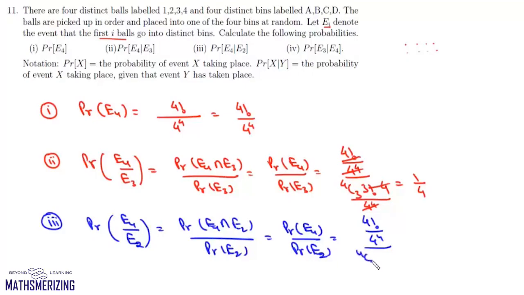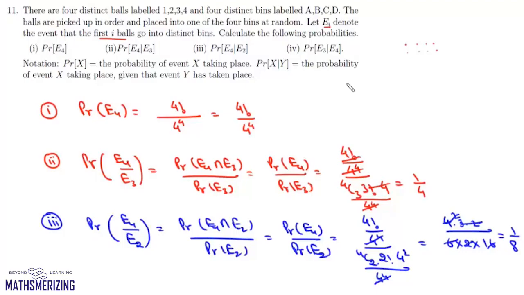So it will be 4C2 into factorial 2, and then for the remaining 2 balls it will be 4 square, and then 4 to the power 4. Here this 4 to the power 4 will cancel. So we can write this as 4 into 3 into 2, and here will be 6 into 2 into 16. So this 6 will cancel, 2 will cancel, and this is simply 1 by 8. Probability of E4 given E2 is 1 by 8.